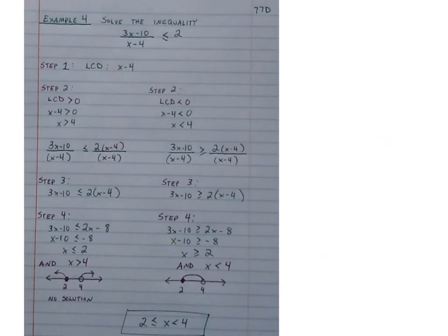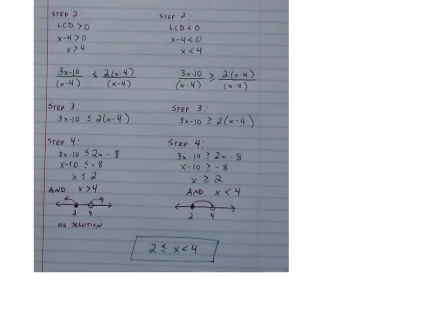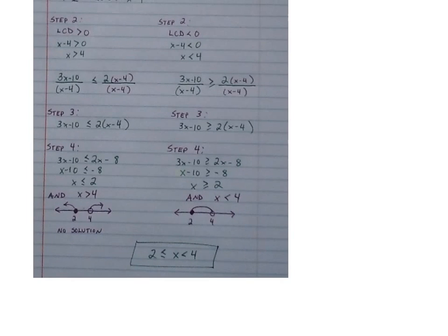Here's a second example. In this case, we assume the LCD to be positive in here and the LCD to be negative. We go about the process of solving the equations, making sure in the negative case our inequality is flipped, and in the end we arrive at the condition where either x is less than negative 2 or x is greater than negative 2.